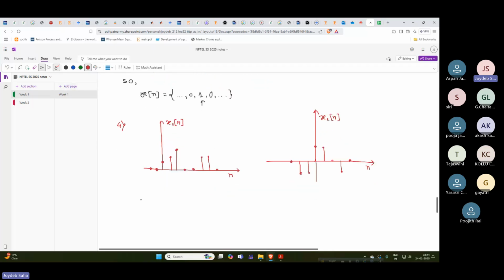Okay, first question is y1[n] is equal to x1[n] plus x2[n].